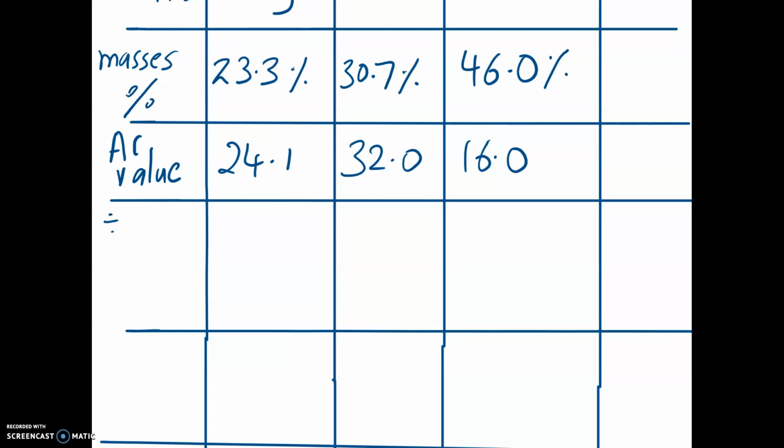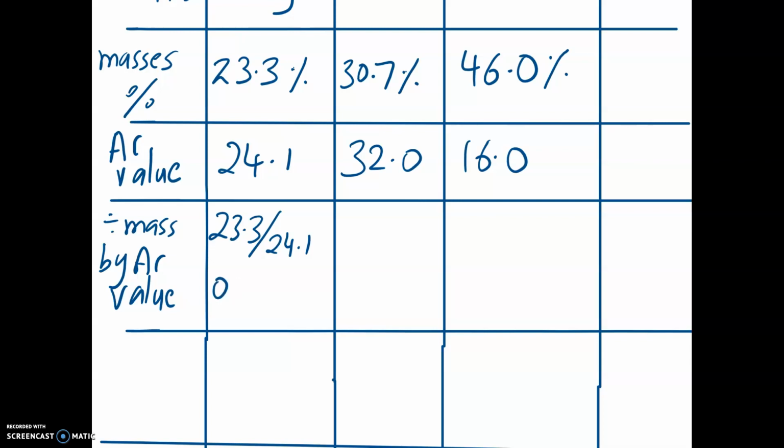If we divide mass by AR value, which is the number of moles, so you've got 23.3 divided by 24.1, that gives you 0.9668. We're not going to round them up yet.